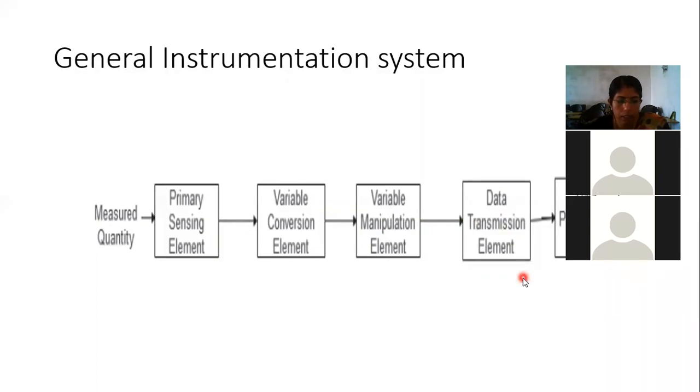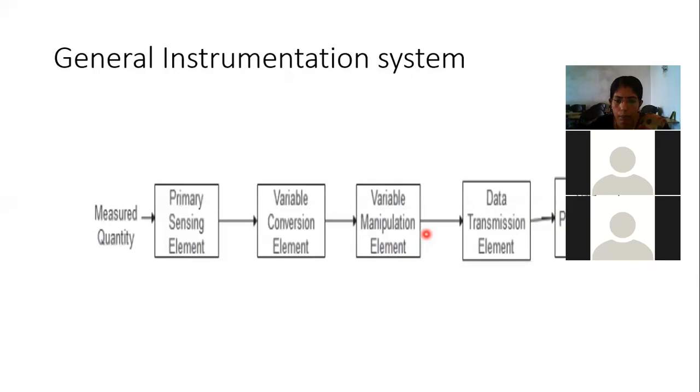The function of the data transmission element is to transmit data from one element to another if they are not physically connected. There may not be any physical connection between the presentation element and the manipulation element, so we have to transmit that signal. Or maybe there is a physical connection between the two.